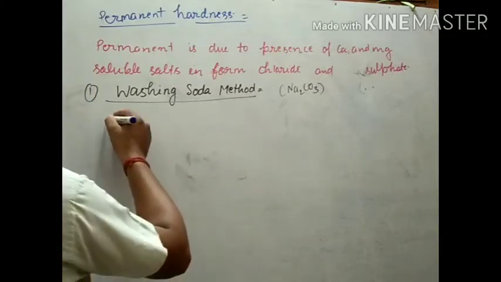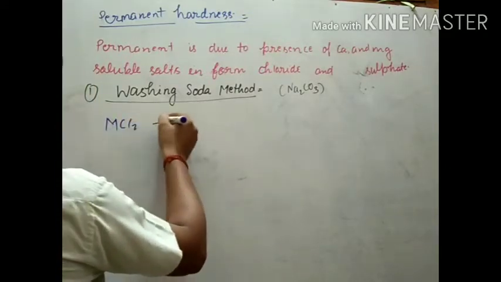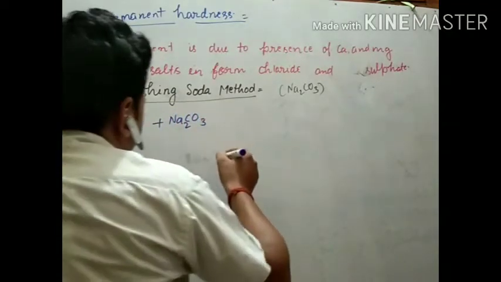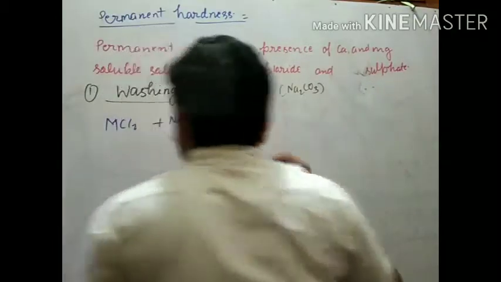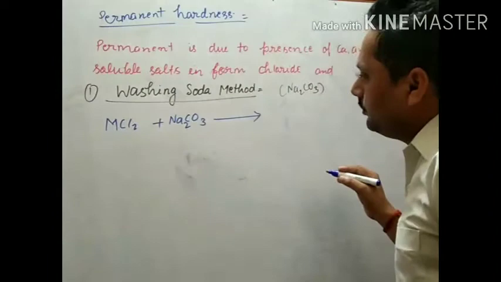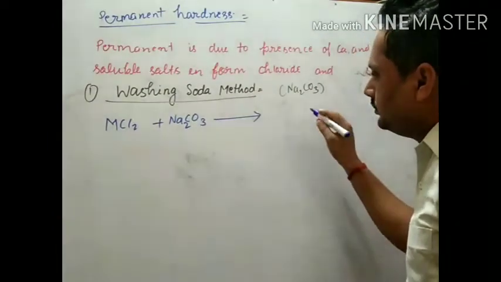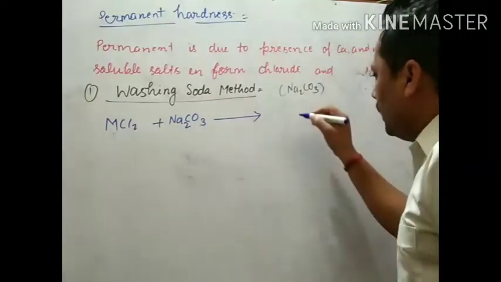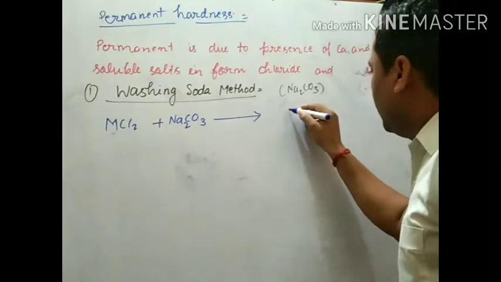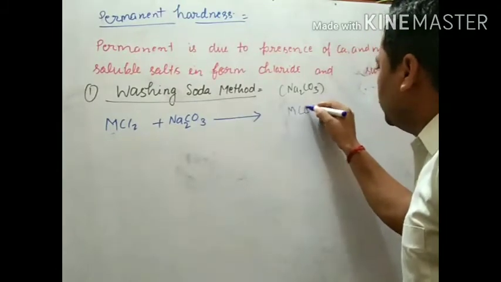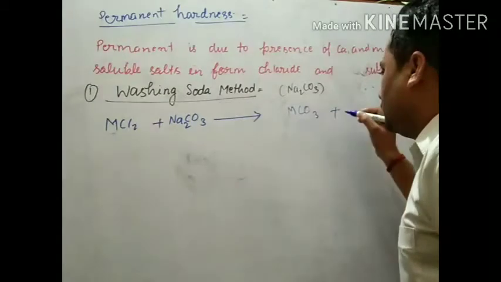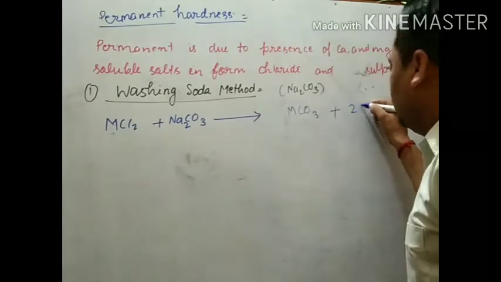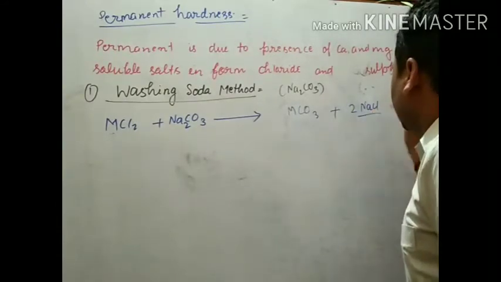So we write MCl2 plus Na2CO3. It reacts and forms insoluble MCO3 plus 2NaCl.